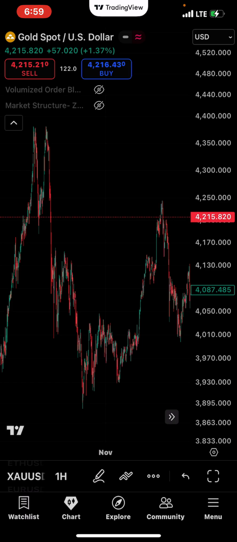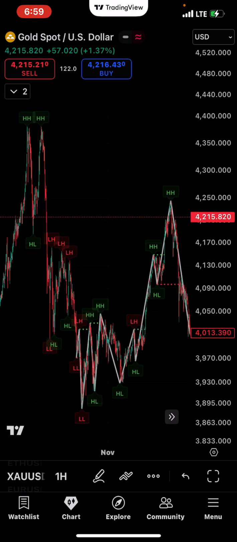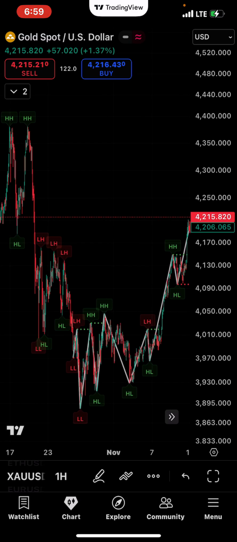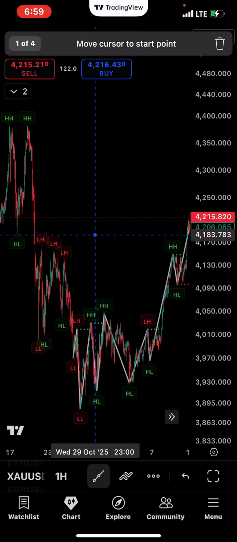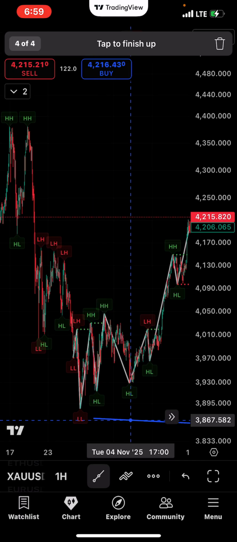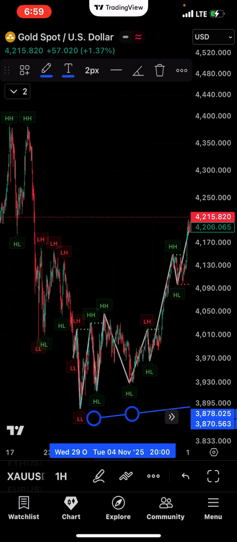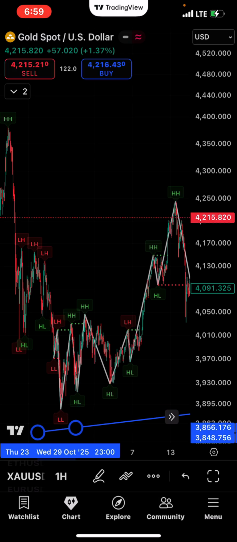Now you turn on the market structure again to identify your swing low and your swing high. Looking at here, see this bottom here is our lower low in the 1 hour time frame. See, this red place now is our lower low in the 1 hour time frame.